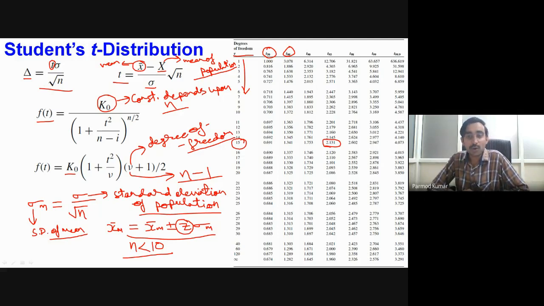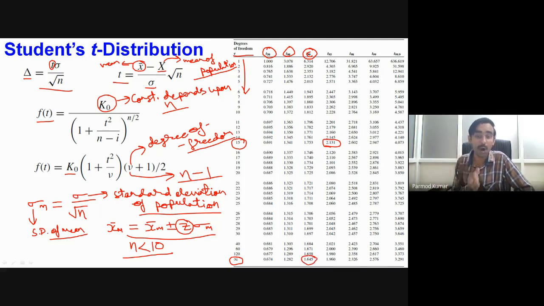Okay. So one important thing you can see from here, when the value of nu is approaching infinity, and corresponding to that, if you take any confidence level, say 90% confidence level, with degrees of freedom at infinity, you get the value of t as 1.645.